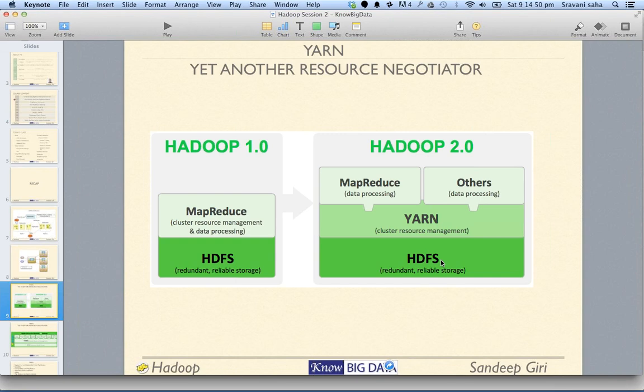Such as Apache Spark, which is now a competitor to MapReduce, is using yarn, and there are other databases, other systems which have started using yarn for their execution in the network.